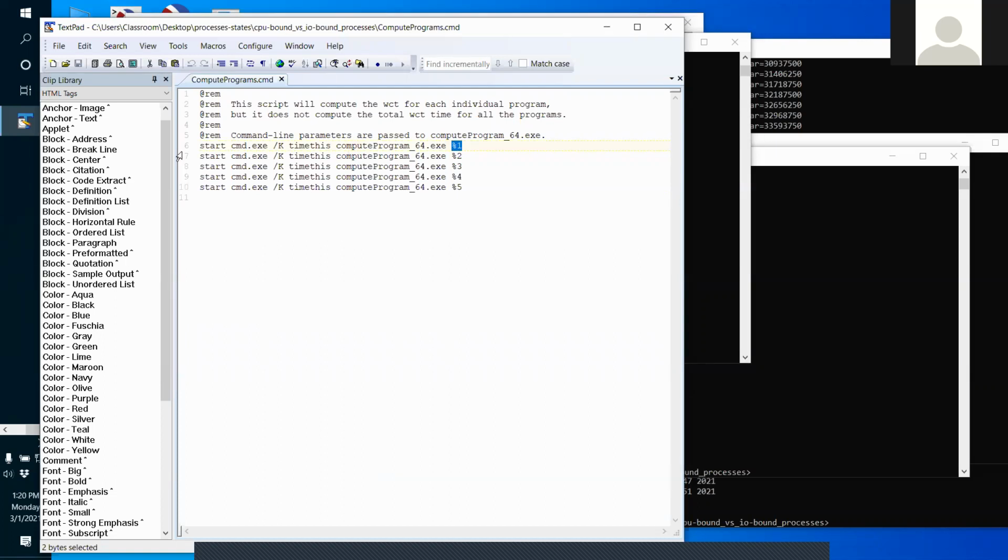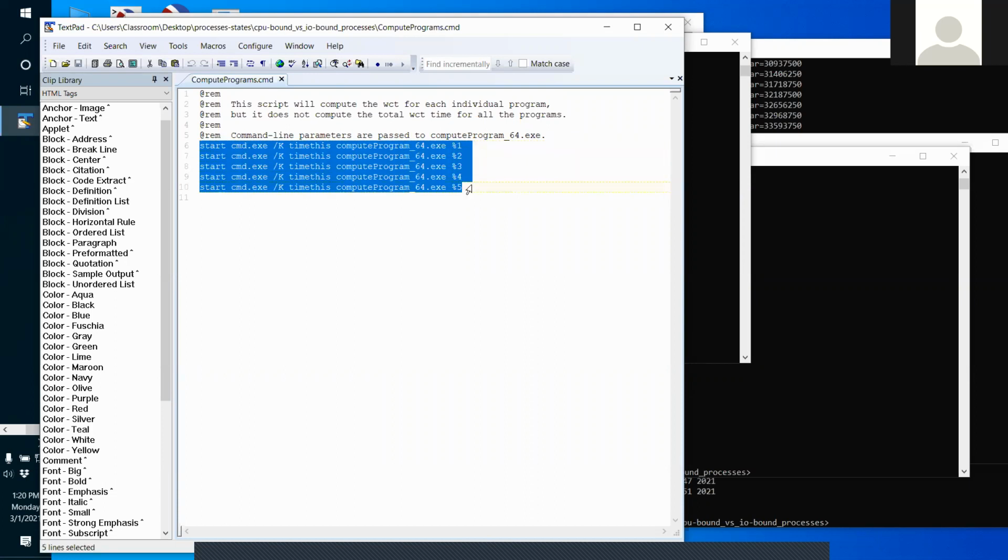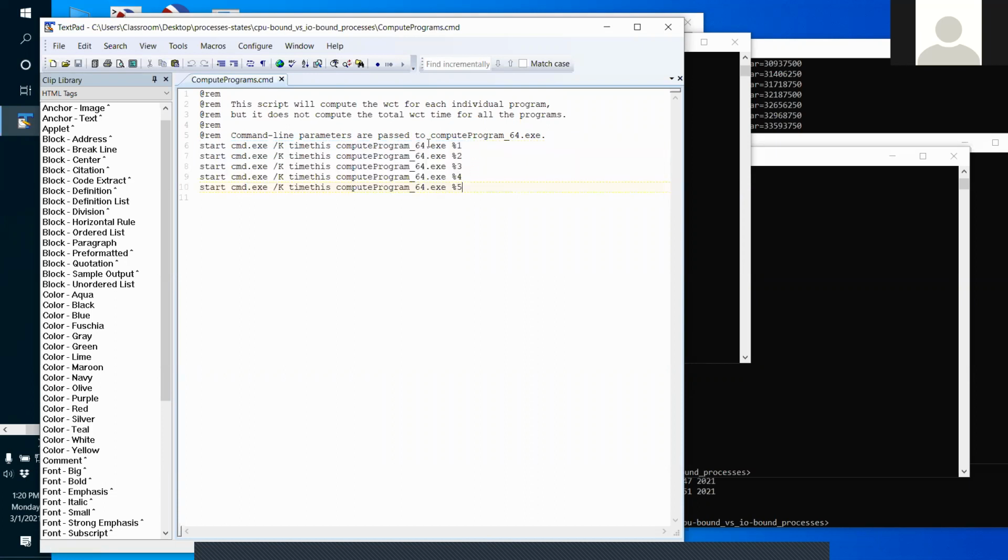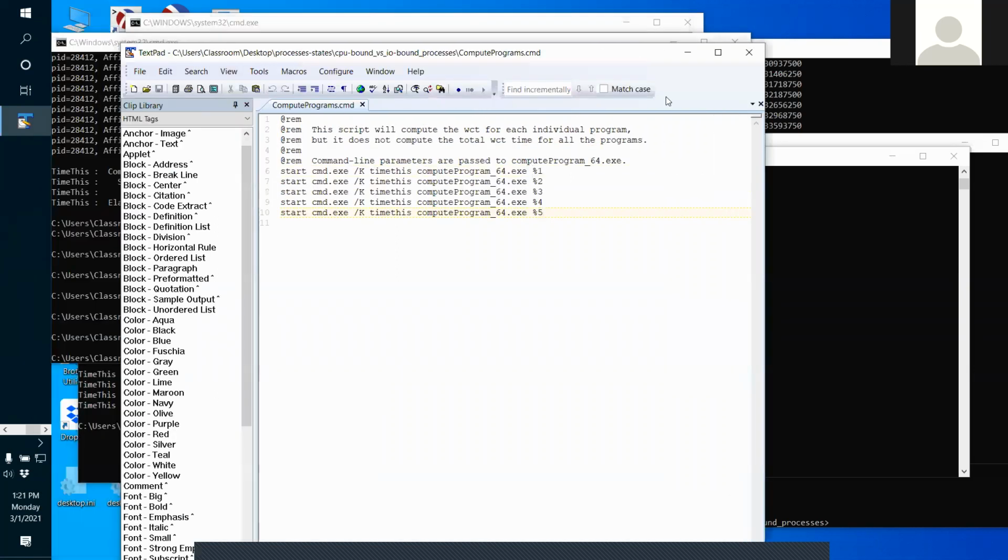I could turn this into a little while loop that whiles on the number of command line arguments, so I would only launch as many as there are command line arguments. That's writing code in shell script. I can write if statements and while loops in shell script if I want. So this one will launch a bunch of them.